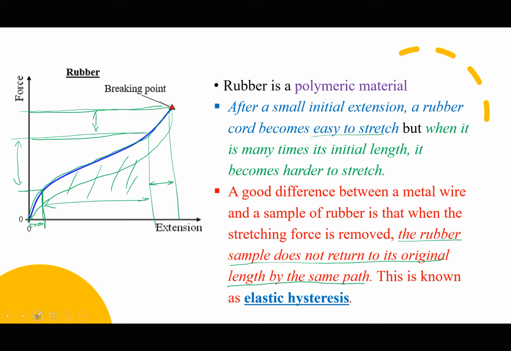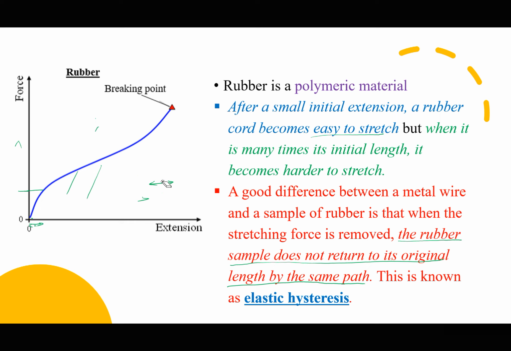Even though a copper wire, for example, may also return to its original length when stretched, just like rubber, as we have seen, for a copper wire, if the deforming force is not enough to take it beyond the elastic limit, it will return to its original length following the same path. But for rubber, it will return to its original length but will not follow the same path. And we are saying that behavior is called elastic hysteresis.